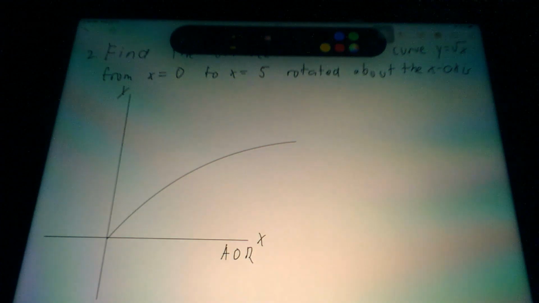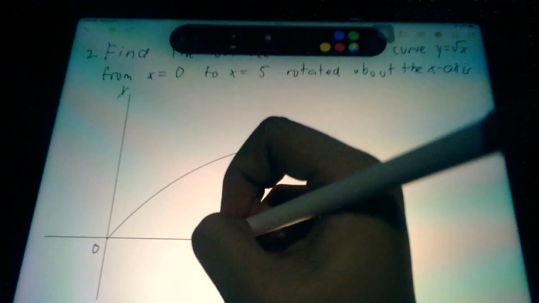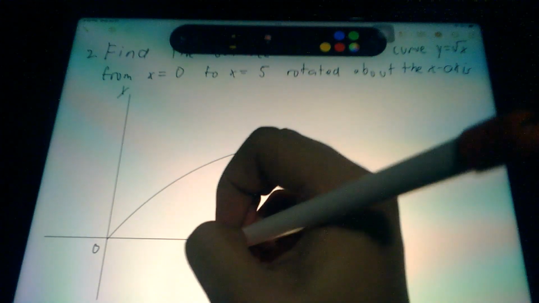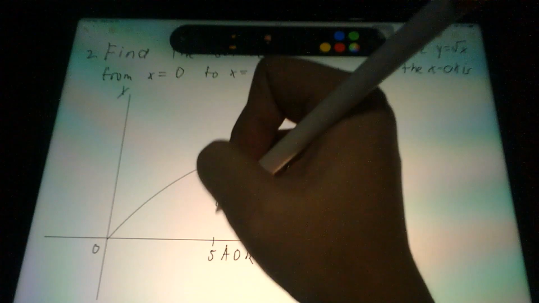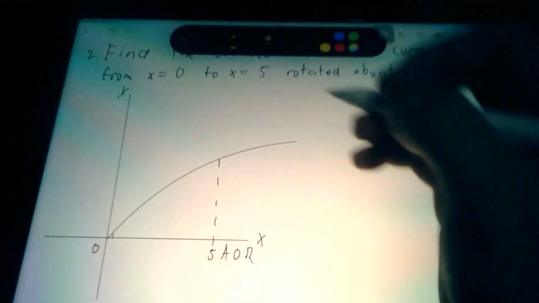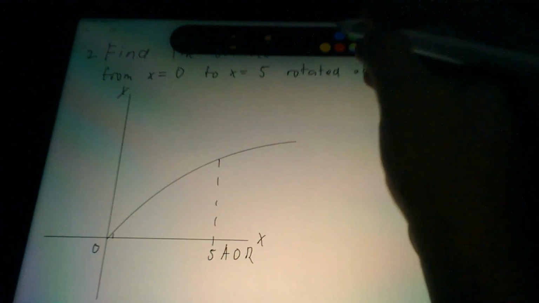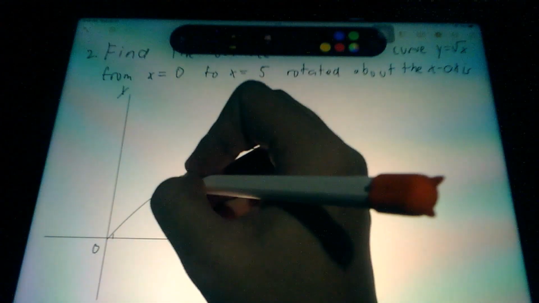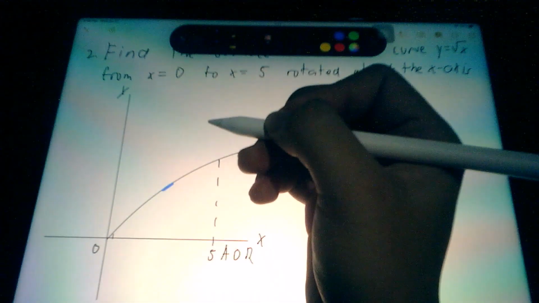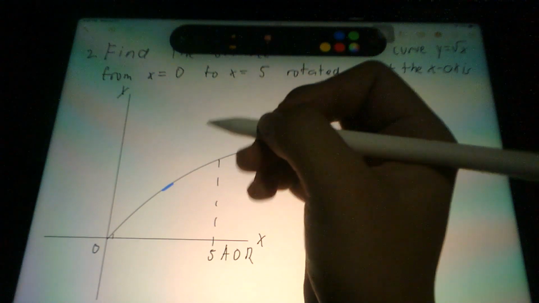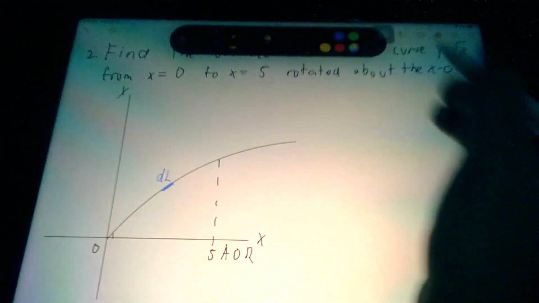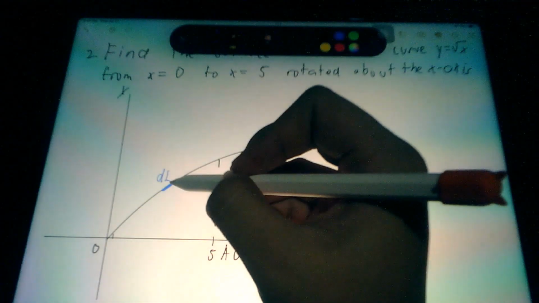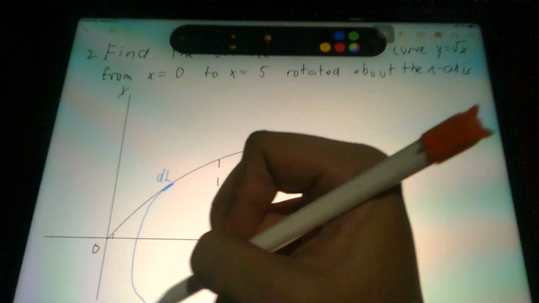So the square root of x will look like this, right? Okay, so bounded from x equals 0, let's say this is x equals 5, so this is bounded by this area right here, and we need to make a strip here. So our strip here is our DL, and it's rotated about the x-axis, so this should look like this.